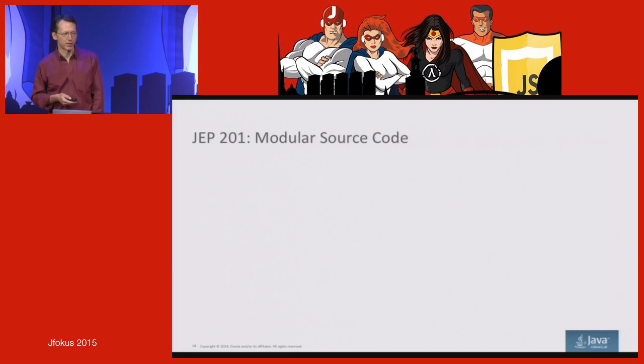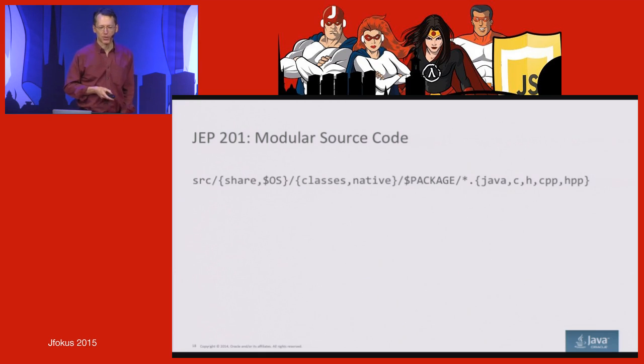We merged this change back last August, whereas source code used to have sort of this schematic layout where there's a source directory and then a shared directory and some OS specific directories, and then a division into classes and native code, and then a division into packages, and then finally Java source files or native source files.